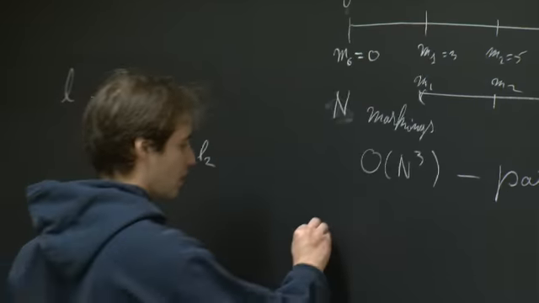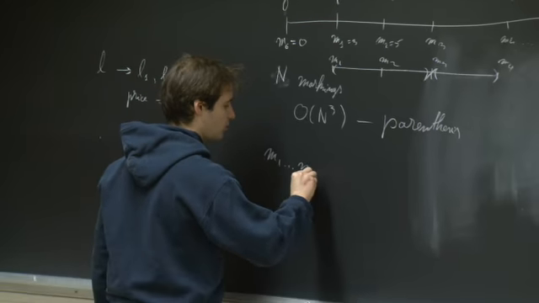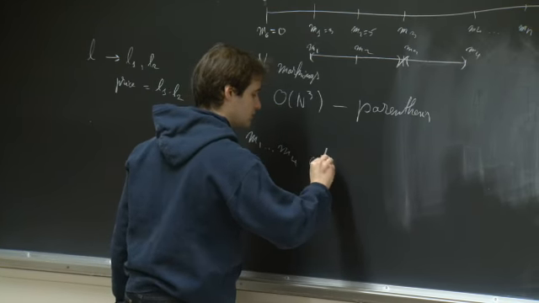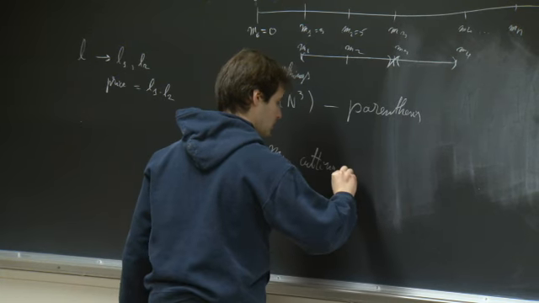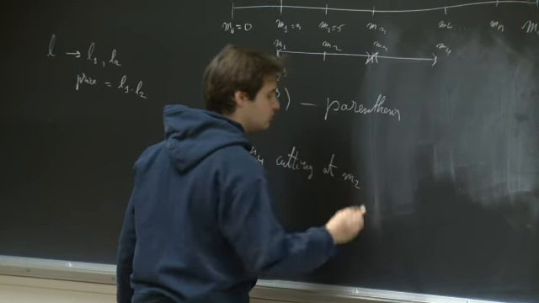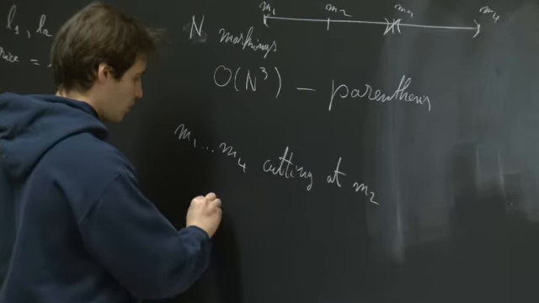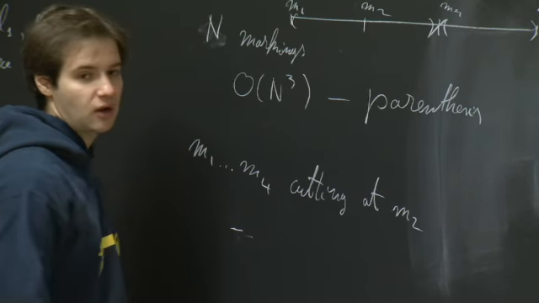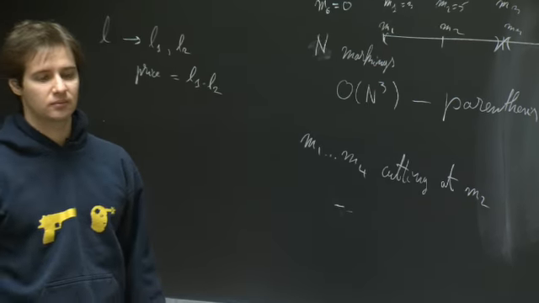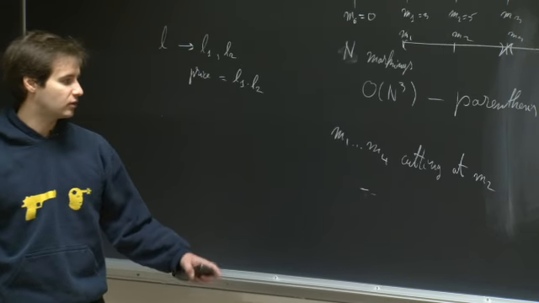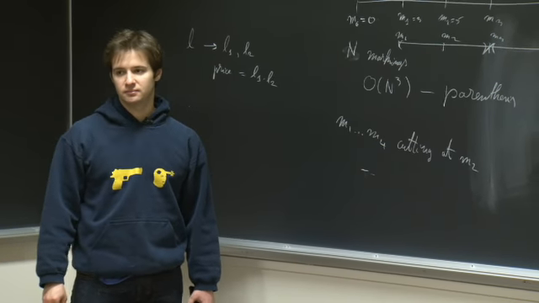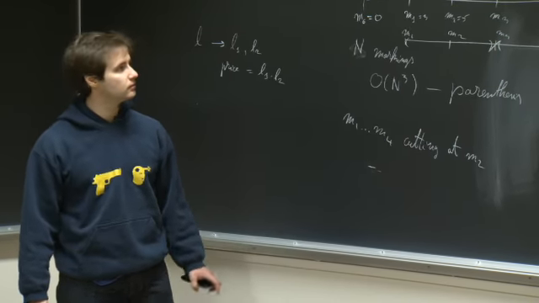So suppose I'm looking at M1 through M4, and I'm cutting it at M2. What's the total cost? What's the best way to cut, given that I know I'm going to cut there? The sum of the DPs.